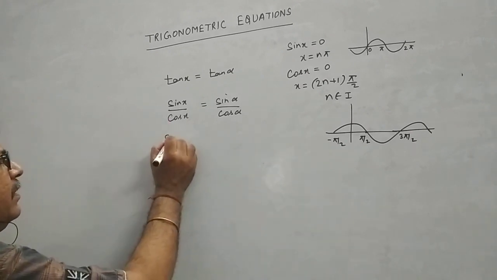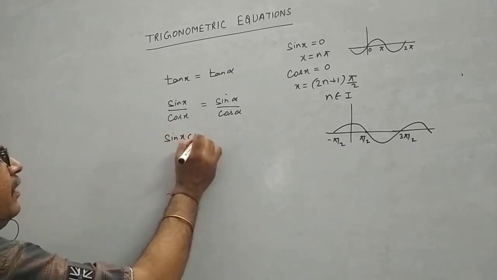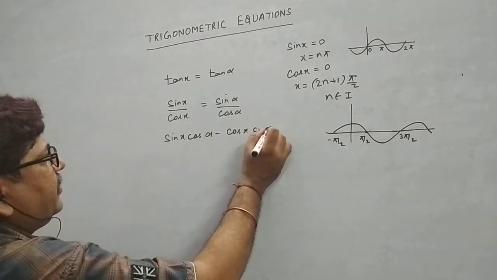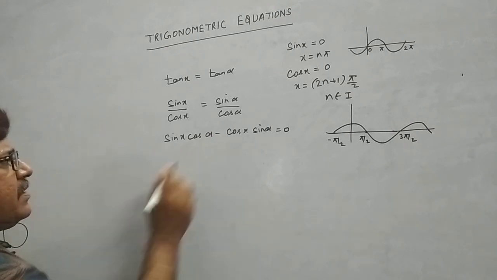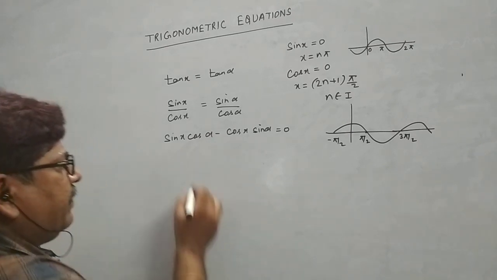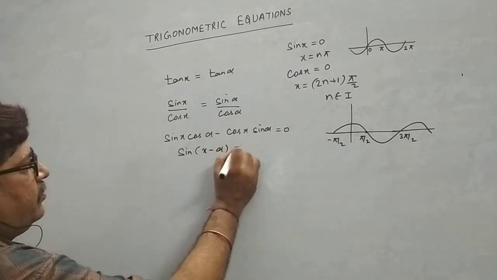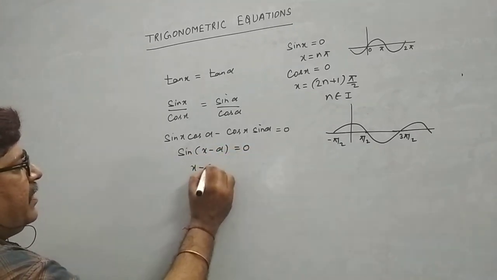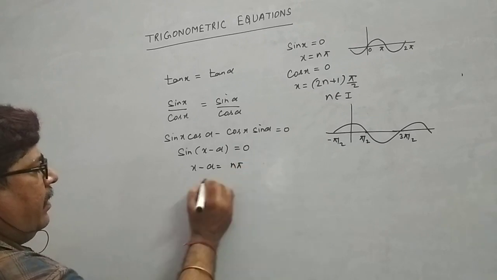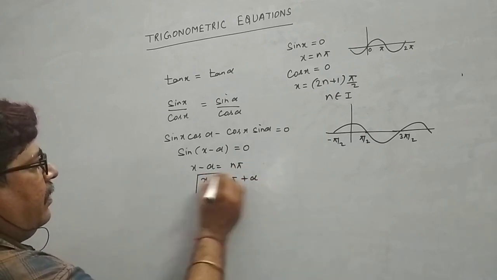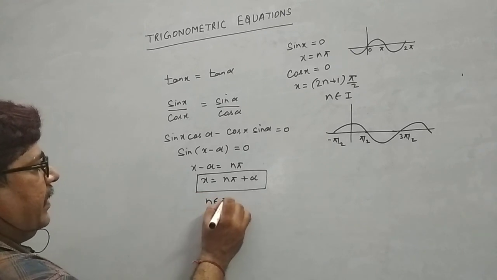Cross multiply them: sin x cos alpha minus cos x sin alpha is equal to 0. This is sin a cos b minus cos a sin b, that means sin (a minus b). So sin (x minus alpha) is equal to 0. So x minus alpha is equal to n pi, and x is equal to n pi plus alpha, where n belongs to integers.